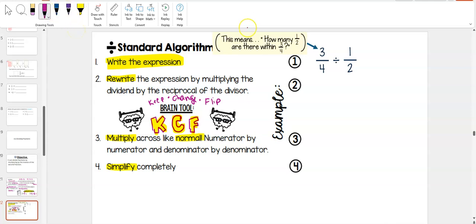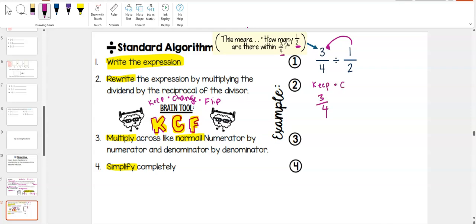So let's start here. We've got 3/4 divided by 1/2. Now remember, this means how many halves are there in 3/4? How many of these fit into this? That's what I'm asking. Okay. So first step, write the expression. We did that. Second step, we're going to keep, change, flip. So we're going to keep the first fraction, 3/4.